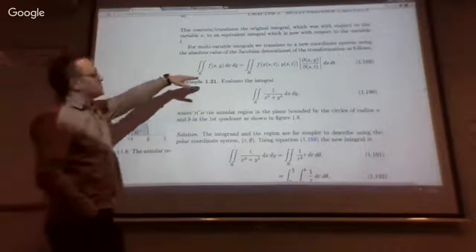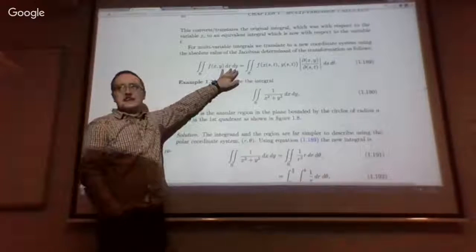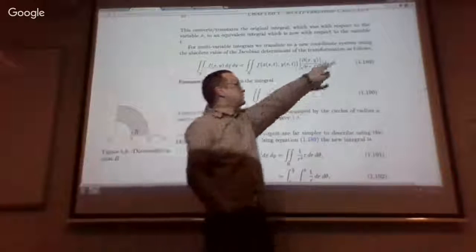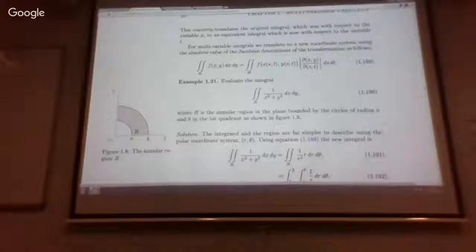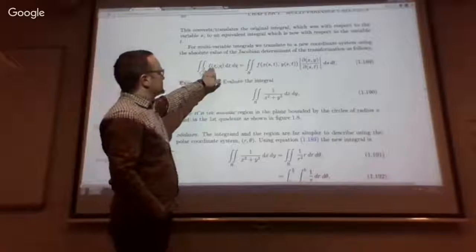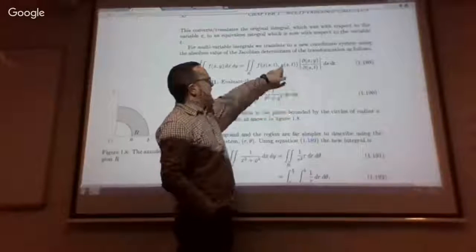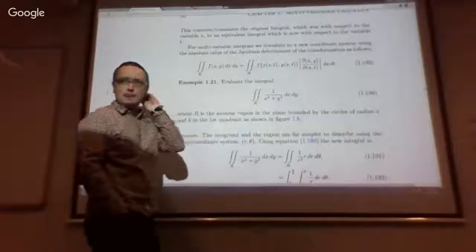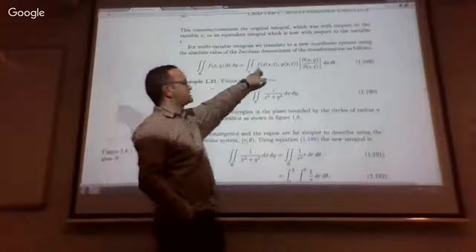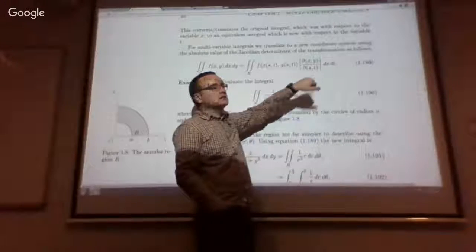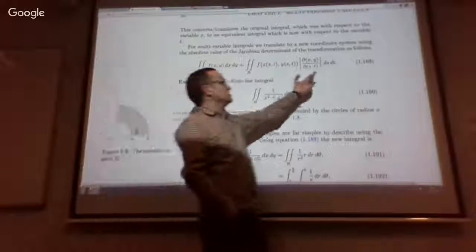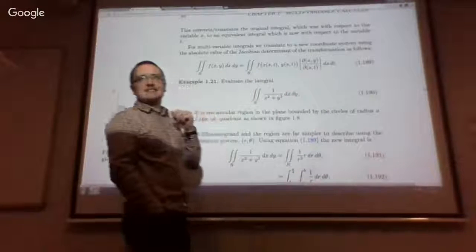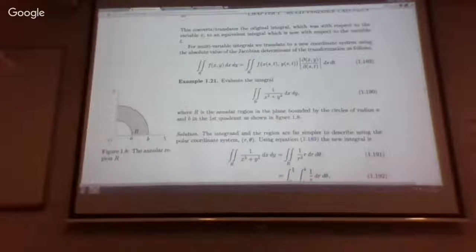So we're supposing here that we're changing from an old system of coordinates x and y to a new coordinate system s and t. And we understand the relationship between the two sets of coordinates. So we know how to express x as a function of s and t and how to express y as a function of s and t. So we can certainly re-express our function in terms of s and t. And we can introduce the new pair of differentials ds dt into the integral as well.